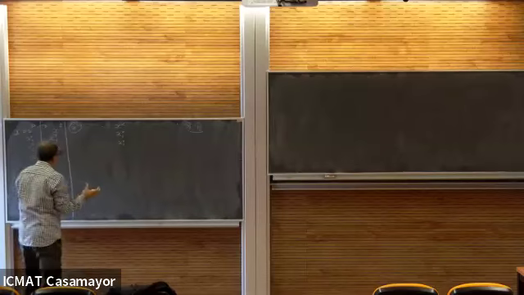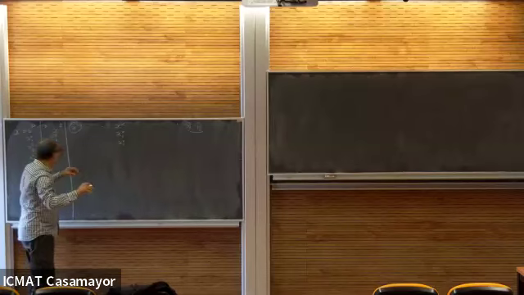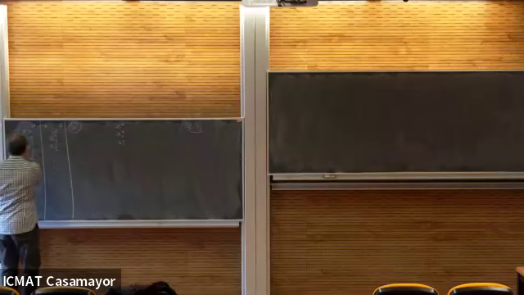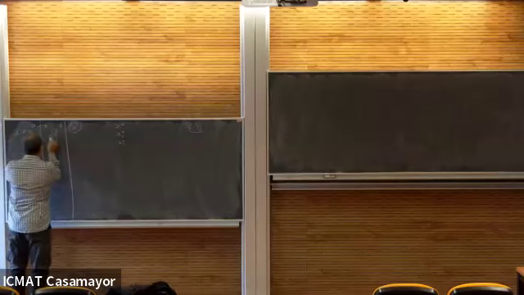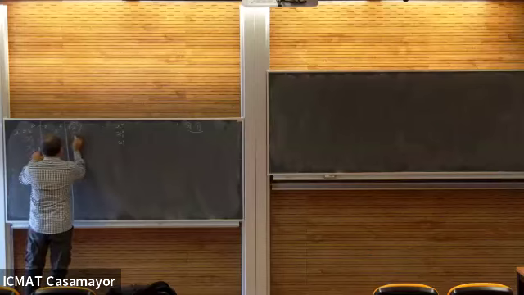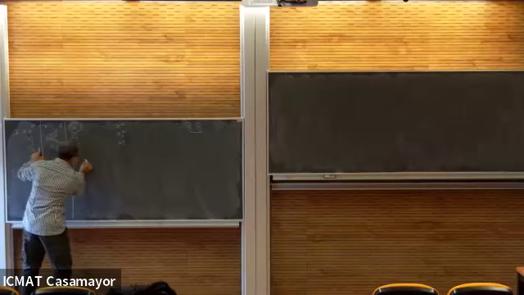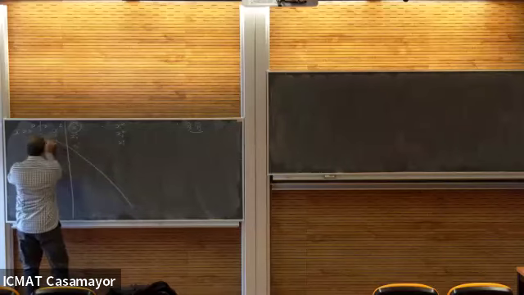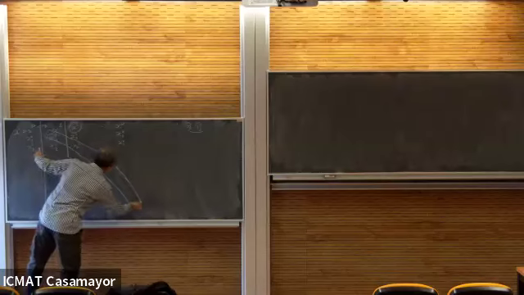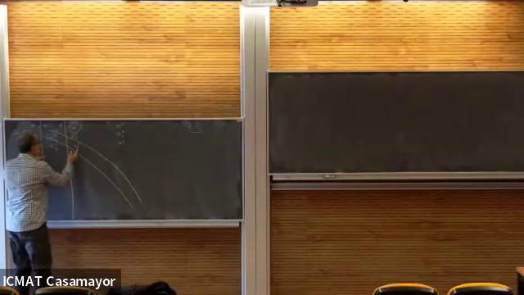And if we look for a sequence that satisfies all the properties, the idea is to take the diagonal sequence. So the diagonal sequence should be x_{1,1}, x_{2,2}.